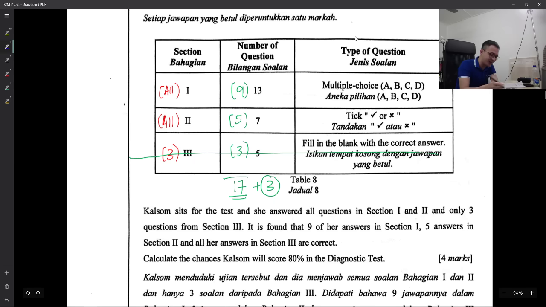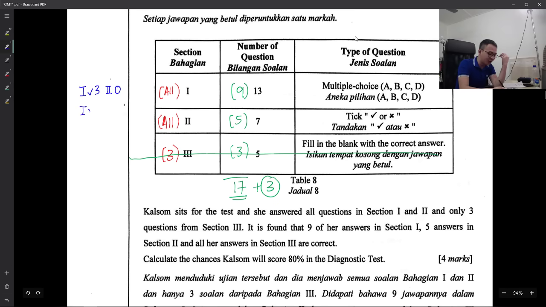There are a few ways this can happen. The first idea is maybe in part 1, she corrects all 3 questions, but in part 2, she corrects 0. So in total she corrects 20, right? Or for part 1, she corrects 2 questions, and part 2, she corrects 1 question. Or for part 1, she only corrects 1 question, and for part 2, she corrects 2 questions.